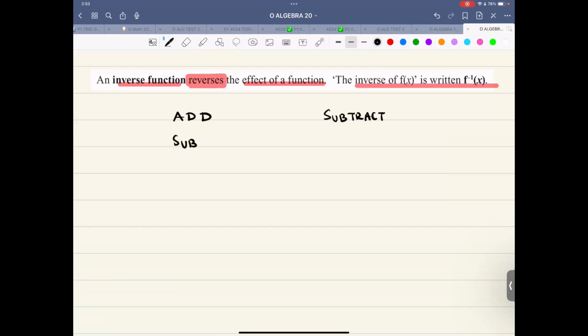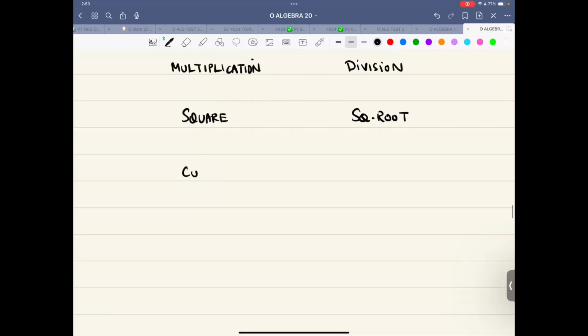Now let's say, the inverse or the reverse of add is subtract. For subtraction, it's addition. That is obvious. For multiplication, the reverse process is division. If I say, let's go ahead and square something, so the reverse process is square root. Similarly, if I say cube something, then I'll say cube root.